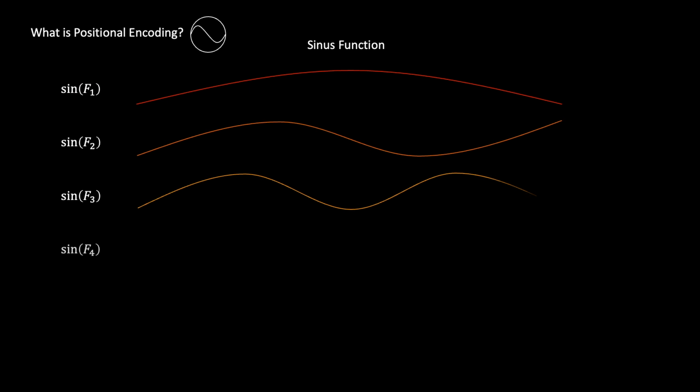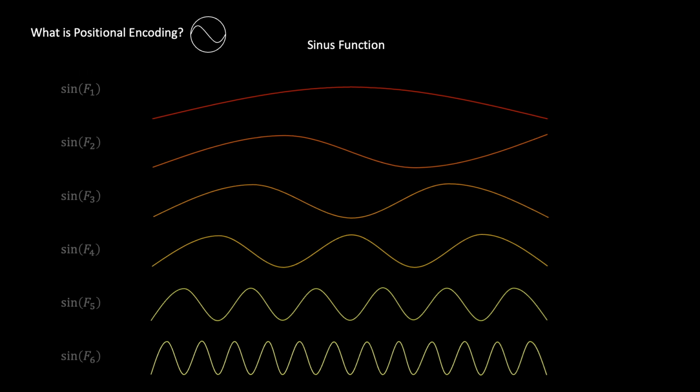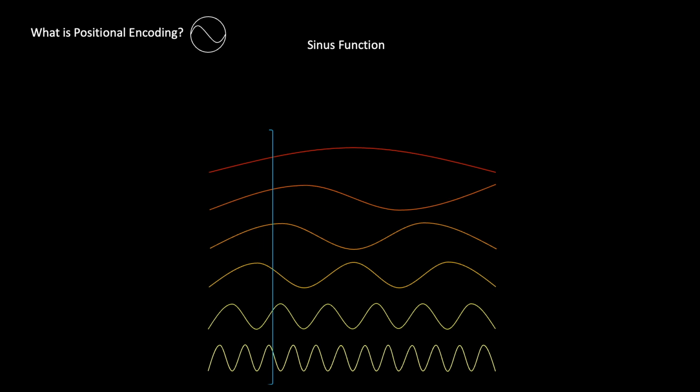This is why we naturally move to the sine and cosine functions. Same as binary numbers, each sine function is defined by a unique frequency. By using a range of frequencies across different dimensions of our vector, we create a unique, continuous, and smooth version of that binary pattern. We essentially take a snapshot of these functions across different frequencies to generate the positional vector.